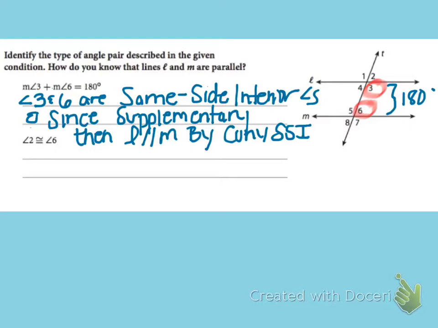But so the reason is because the angles are supplementary, then the lines must be parallel by the converse of the same side interiors.